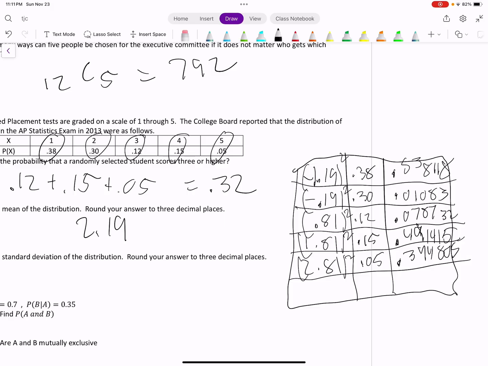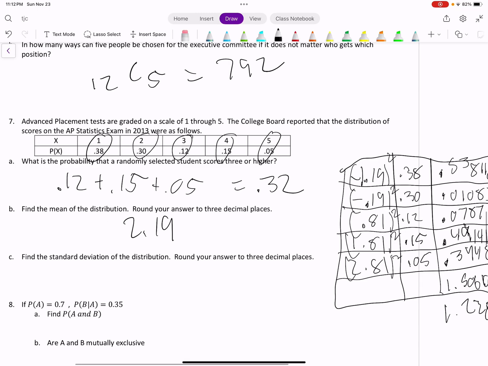When we do that, we get 1.506962, and then we square root it. And we get 1.228. So then the standard deviation is 1.228.